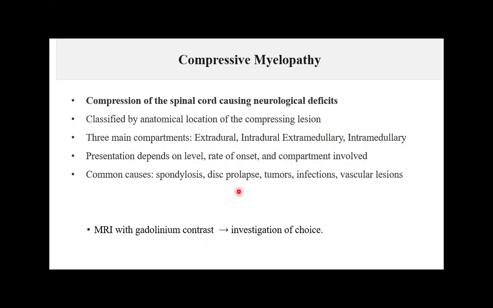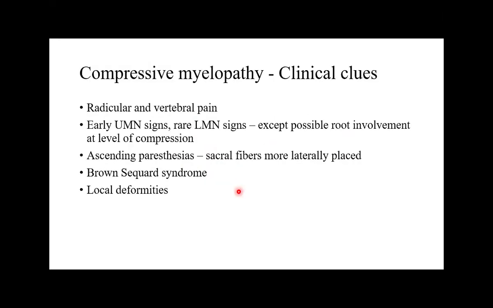The common causes are spondylosis, disc prolapse, tumor, infections, and vascular lesions. The clinical clues are radicular and vertebral pain, early UMN signs, and segmental signs at the level of compression, ascending paresthesias as the sacral fibers are more laterally placed, and a Brown-Sequard-like pattern with local deformities.